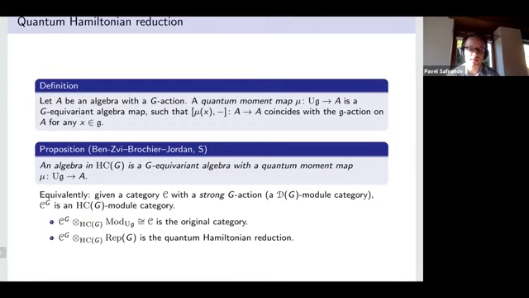So if you have an algebra with an action of a group G, then a quantum moment map is basically the data that tells you that the Lie algebra action on the algebra is inner. So again, in formulas, this means that if you have some element of the Lie algebra and you act by it on the algebra, then you get some derivation, and the claim is that this derivation is inner. And so it's just given by commutator with the value of the moment map on that element.